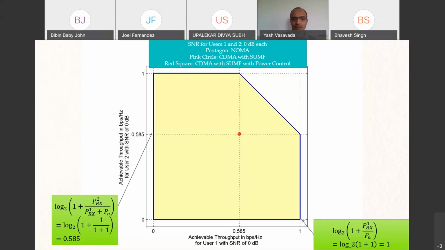But why does NOMA go all the way here, whereas CDMA is stuck here? Because power levels will be same, then we'll be able to substitute these values. How have we obtained 0.5855?